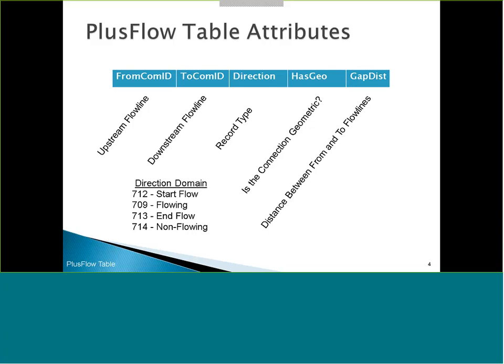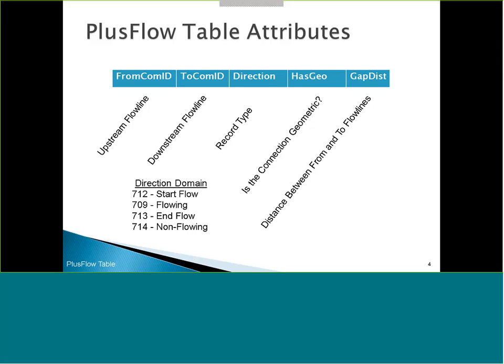We have taken the NHD flow table, which this is derived from, and we've extended it a bit. We have places where flow leaves flow line A and it enters flow line B, but there's no geometry that connects the two. You see this in karst areas where nobody knows where the flow goes underground.